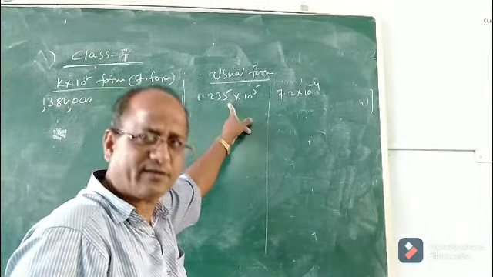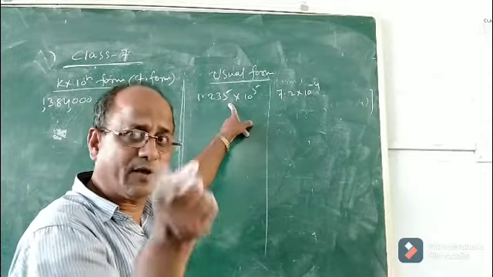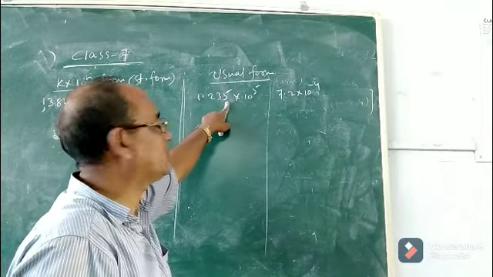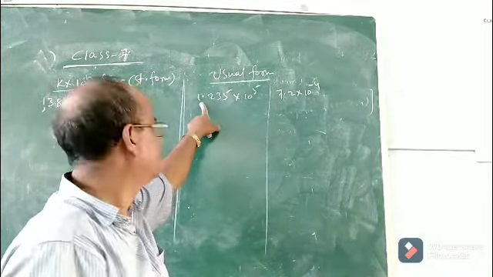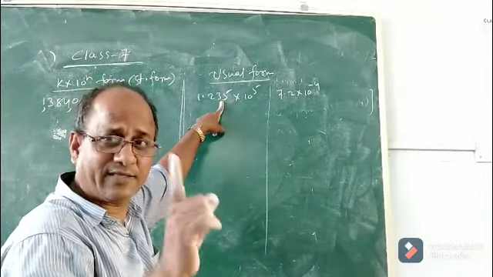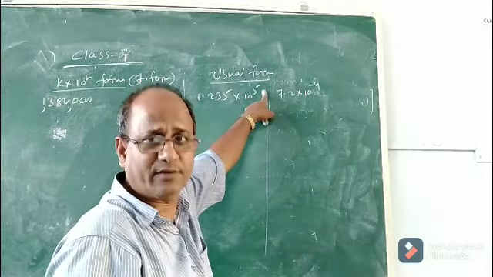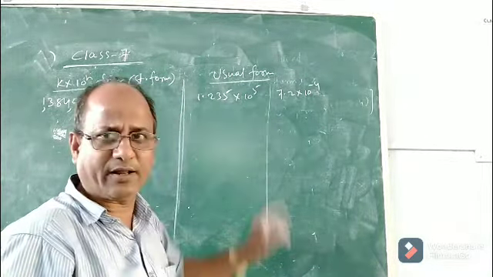That means it is in the standard form, where the value of k, I have already told you, is 1.235. It is clearly less than 10 and greater than 1, and n is 5, which is a positive integer. So it is no doubt in the form of k into 10 to the power n.